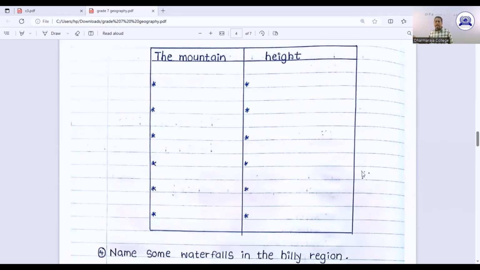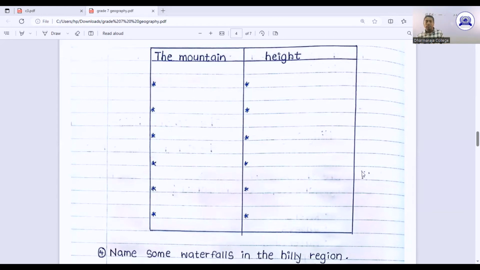What is the second mountain? What are the third, fourth, fifth, sixth, seventh, eighth? You must write from first to last, from the biggest to the smallest, in descending order. So you must write the height with the name of the mountain.